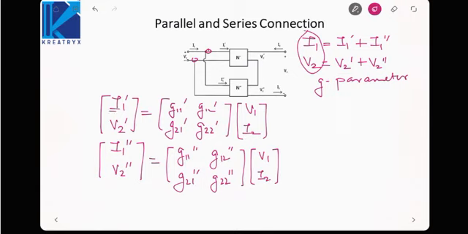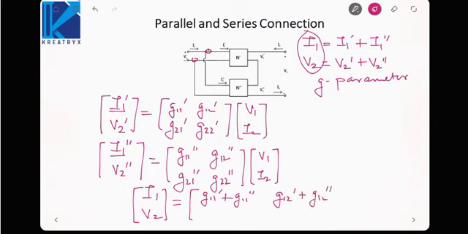If we add these two equations, I1 dash and I1 double dash will give me I1, V2 dash and V2 double dash, V2. And these parameters will get added up: G11 dash plus G11 double dash, G12 dash plus G12 double dash, G21 dash plus G21 double dash, G22 dash plus G22 double dash, V1, I2. So in case of parallel series connection, your G parameters will get added. So you always have to remember which parameters to use in which type of connection.